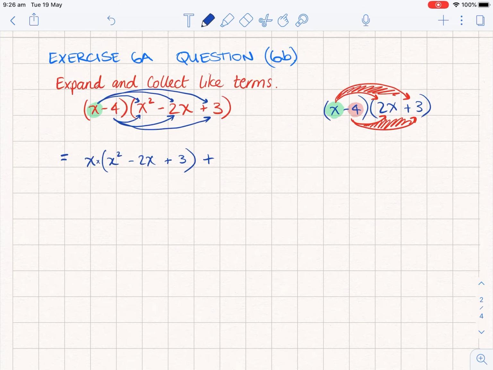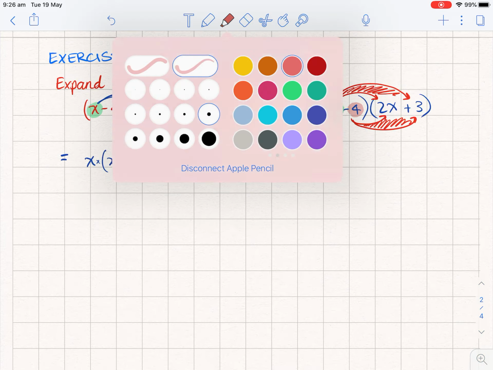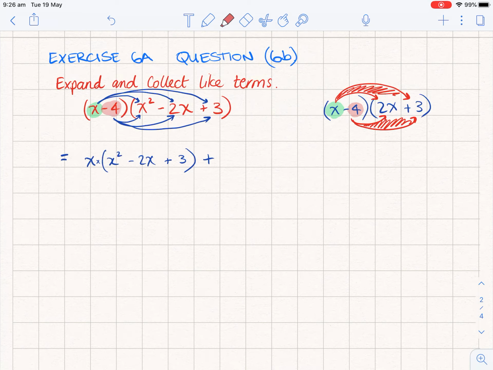And then I'm going to take the negative 4 and multiply it by everything in the second brackets. So I'm going to take the negative 4 and multiply it by x squared minus 2x plus 3.